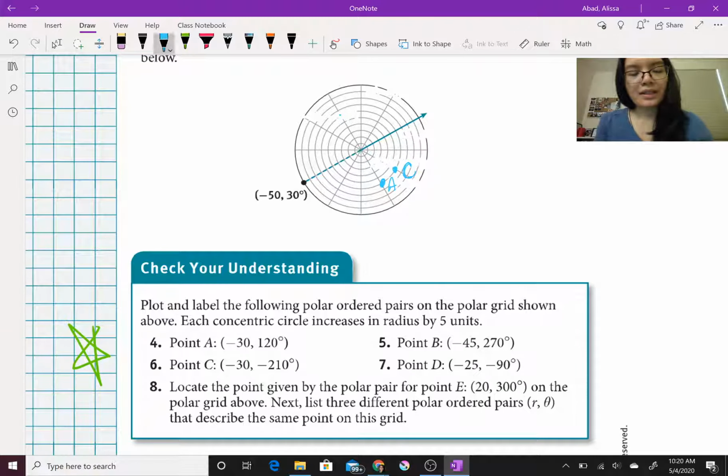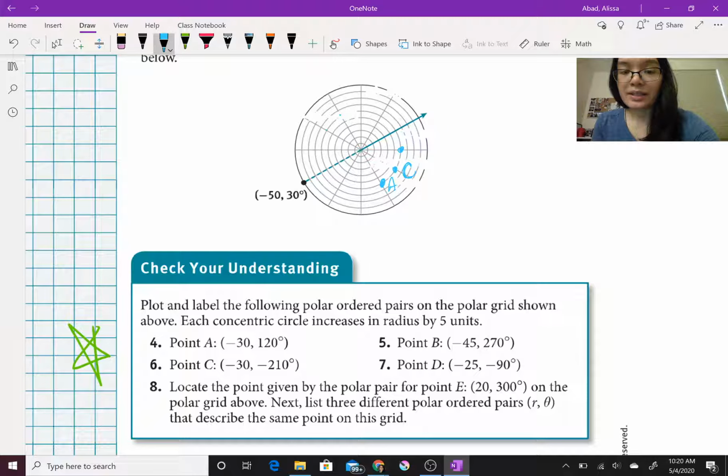Excuse me. Let's try that again with this one. So again, to double check, for negative 30 degrees, I'll just see how it is with the positive 30, and then I'm going negative 210. So then I'm going to go around. This is the 180, and then I'm going 30 degrees here.